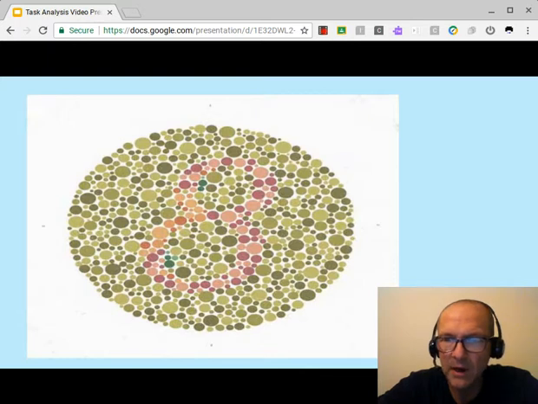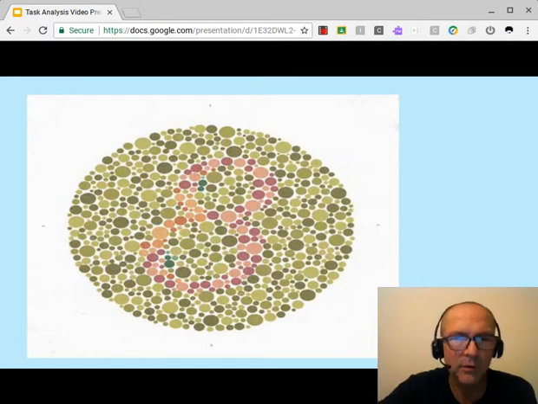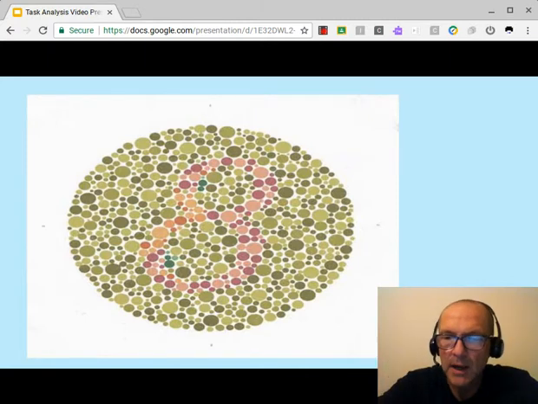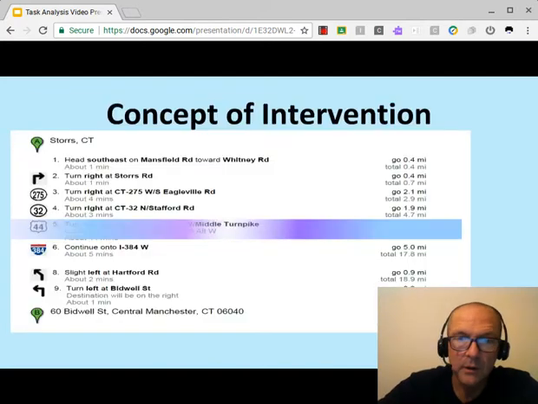That's what happens a lot of times in math, where a step seems easy to us, so we think the student gets it, but they may not be able to see the number in the color blindness chart. They may not understand that one step, even though it looks really easy to us. The idea about a task analysis is that it helps us zero in on these steps and think about them, because the student could get lost with a wrong turn.